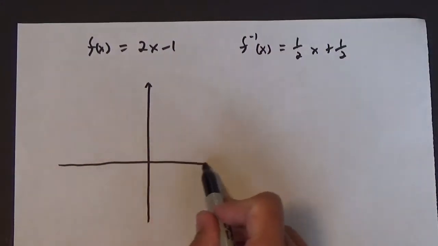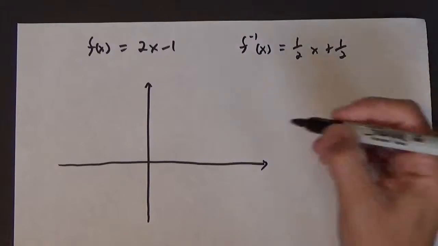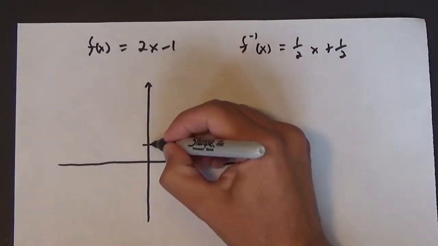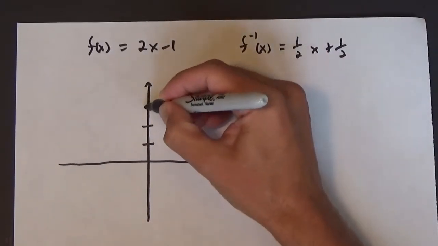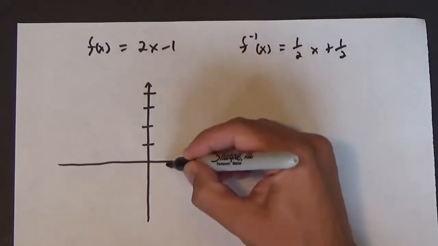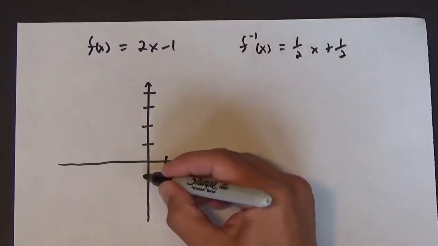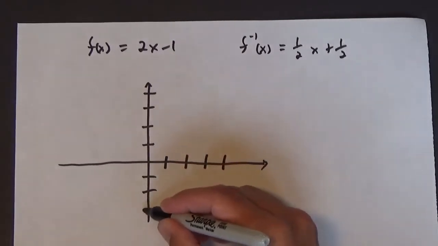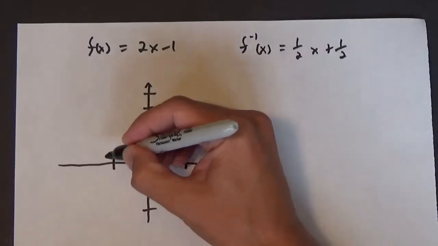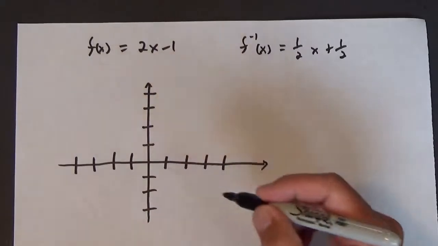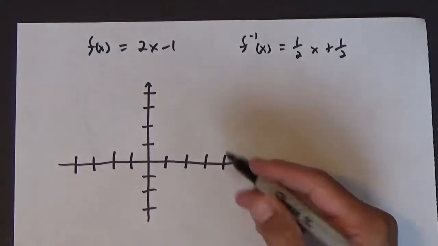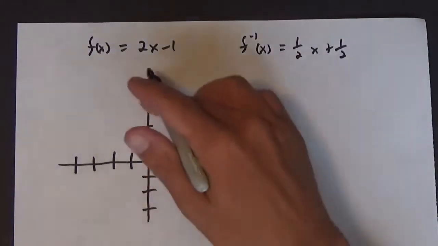So let's see here. I'll try to be fairly accurate. Our original function is 2x minus 1, so that's just a line.